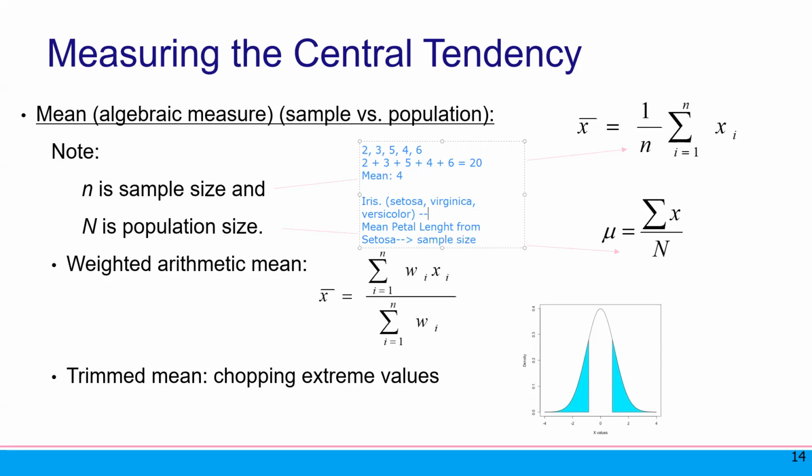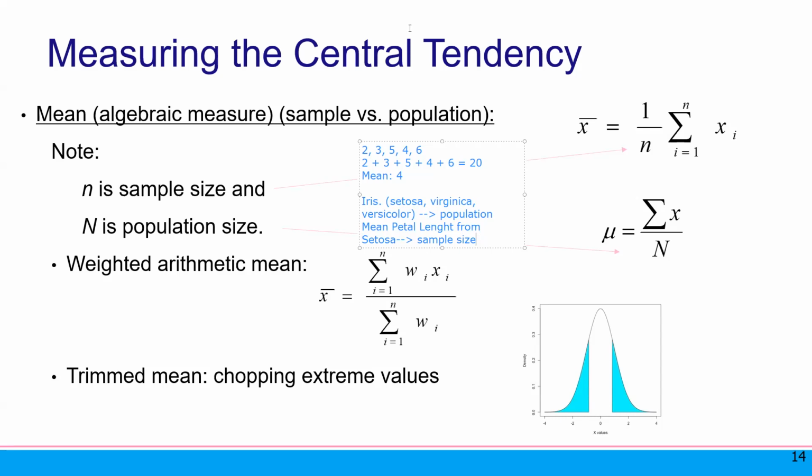So from all the data, I can group the data into samples. For this case, I would like to see the mean from setosa only, or from virginica only, or from versicolor only. So we call this the sample mean.